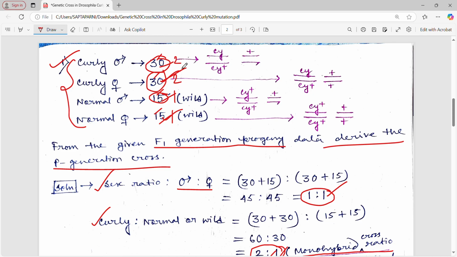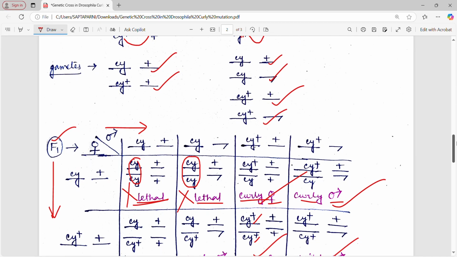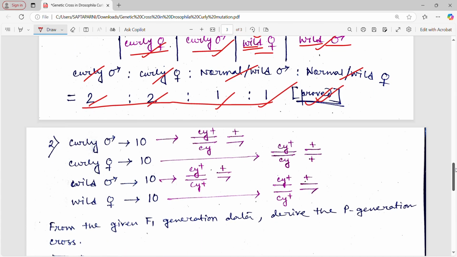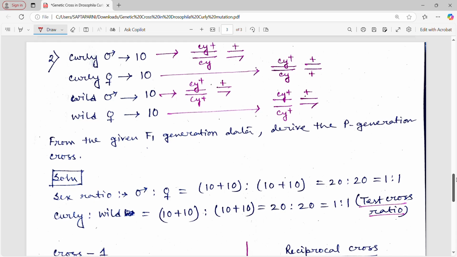The phenotypic ratio will be this. Okay, so the phenotypic ratio of the given F1 progeny is being proved by our cross. So our P generation cross is correct here. Okay, got it? Now let's discuss the second question.